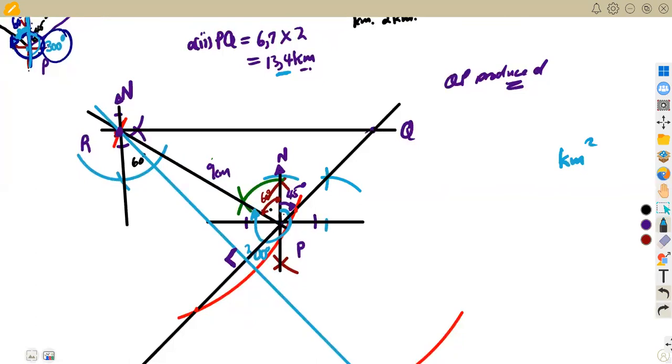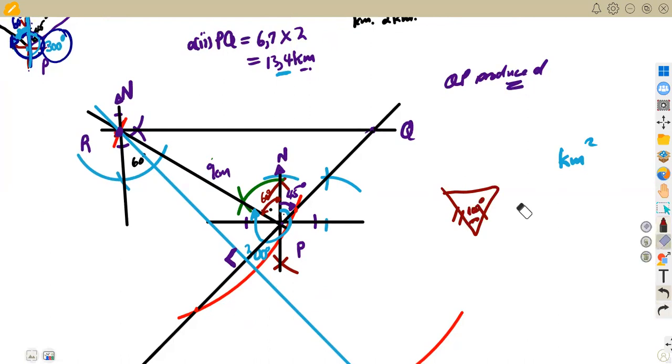So what type of triangle are we having? We are given 2 sides and the angle in between both of them. Remember here we said this angle is 60 degrees and this angle is 45 degrees. If we combine these angles inside the triangle, it's 60 plus 45, which gives us 105 degrees. So inside here we've got 105 degrees.